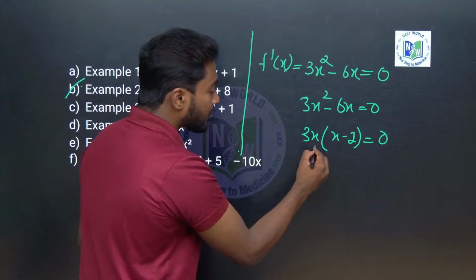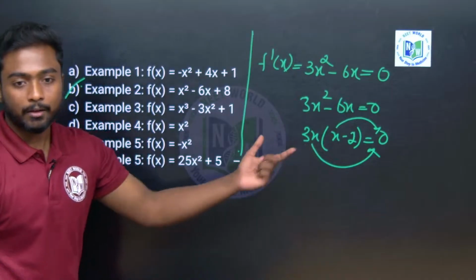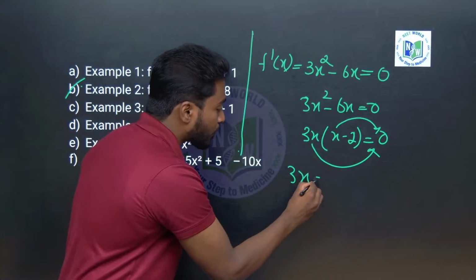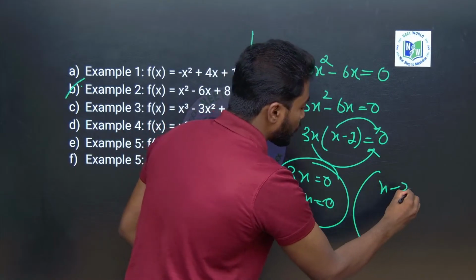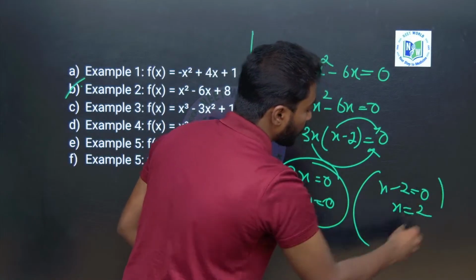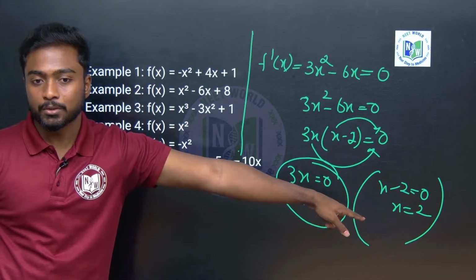Now take 3x equals 0 and x minus 2 equals 0. So 3x equals 0, I will get x is equal to 0. Next, x minus 2 equals 0, I will get x is equal to 2. So the two values are x equals 0 and x equals 2.